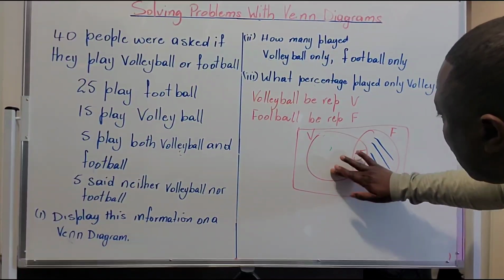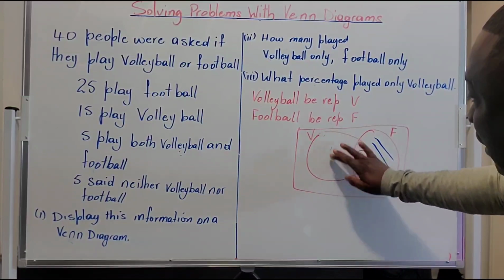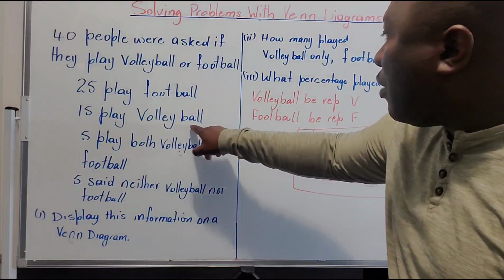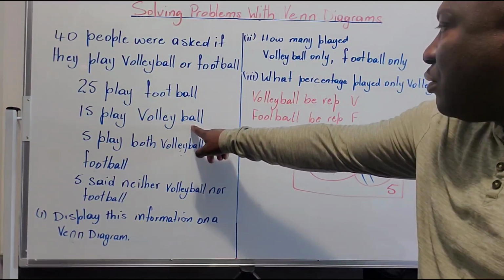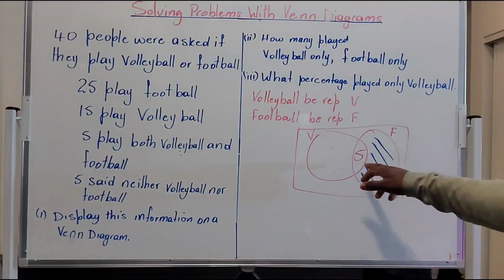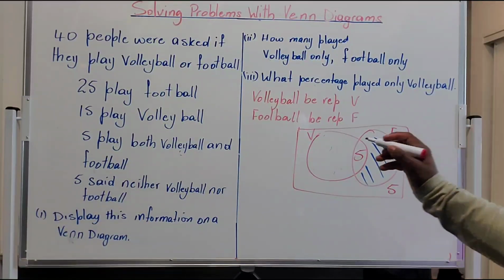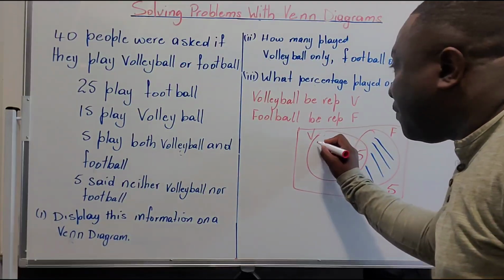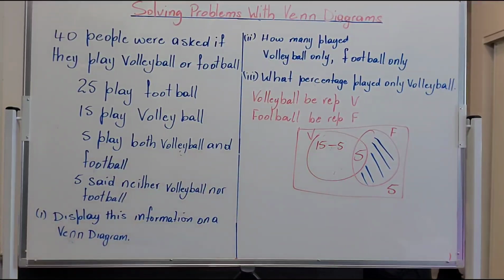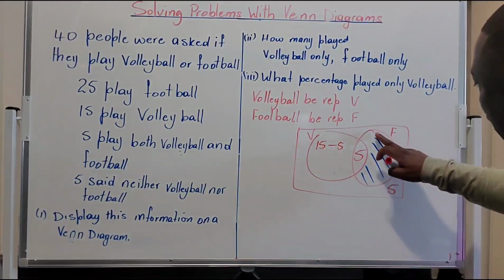So in total, how many are playing volleyball? The problem tells us that in total, 15 are playing volleyball, which means that this 15 consists of also these 5. So volleyball only would be 15, and I'm taking the 5 out because these 5 are already accounted for.